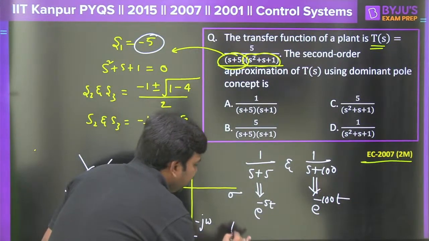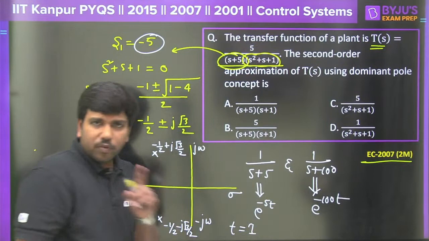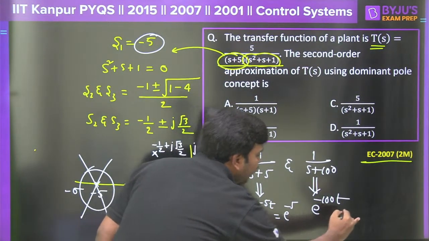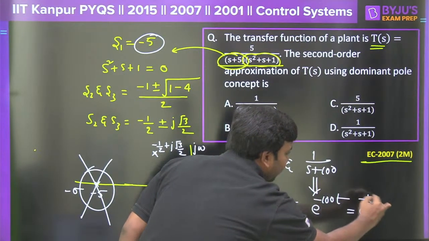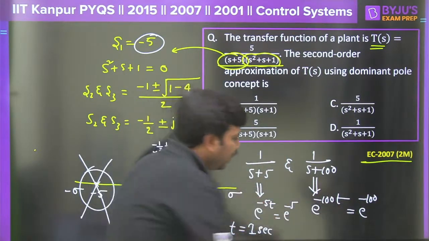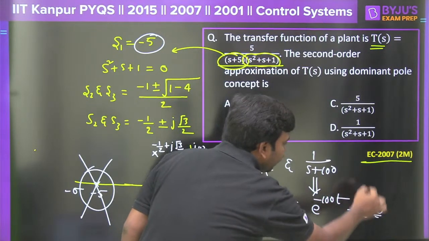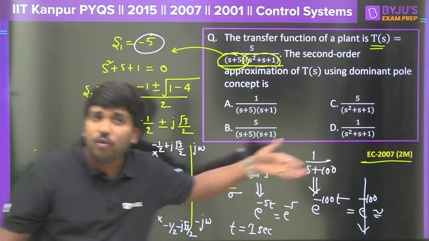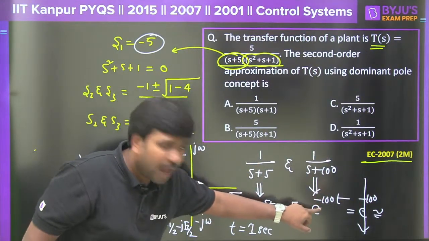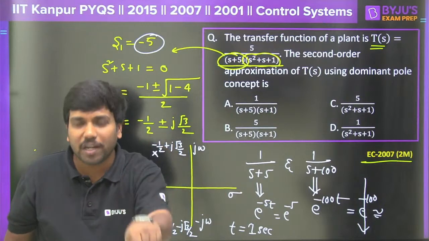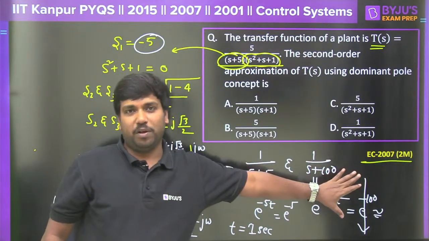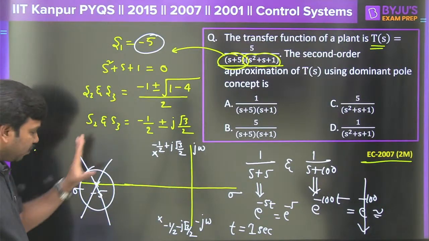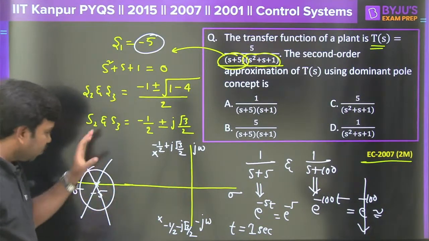If you substitute t equal to 1 second, it becomes e power minus 5, whereas the other becomes e power minus 100, which is a very, very small value. So if the pole is far away from the j omega axis, even for a small time its value will be negligible. That is the reason we neglect poles away from the j omega axis.